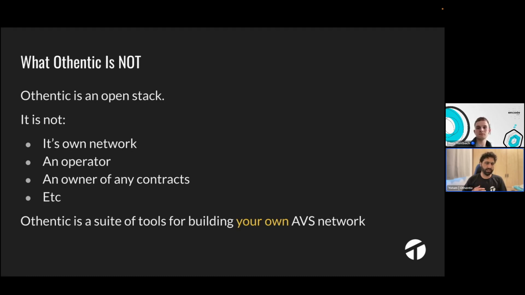Every contract that you deploy using the Authentic CLI is your own contract. It's not under the control of Authentic. It's under your full control. So basically, you can think of Authentic as a suite of tools for building your own AVS network.